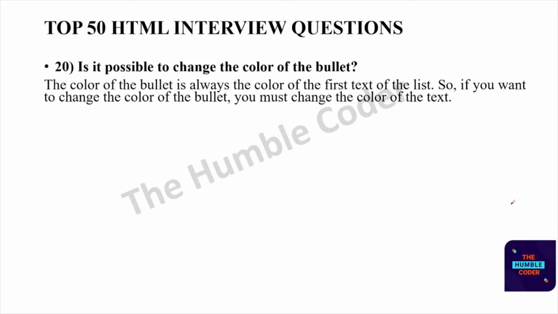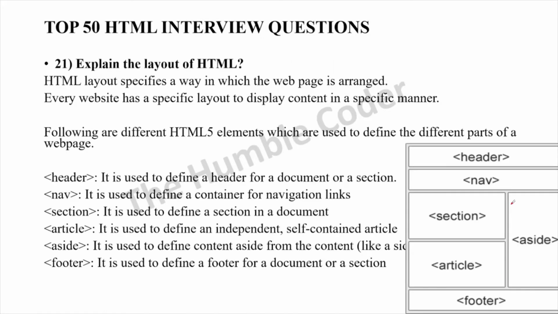But if you need to change the bullet color, then you can change it by changing the color of the text. If the color of the text is changed, then automatically the bullet color will be changed.